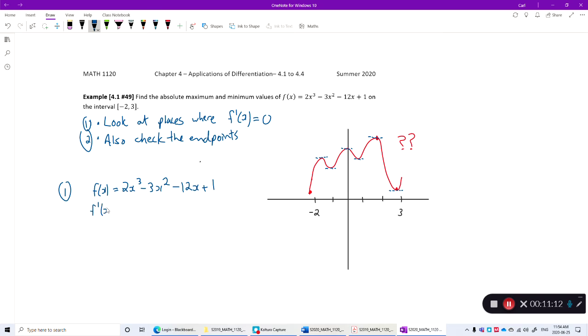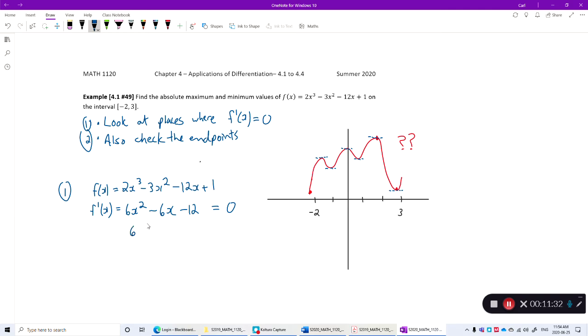So the derivative, now fortunately, when I differentiate, it's going to become an x squared function here. So that's 6x squared minus 6x minus 12. So I'm going to let that equal 0.